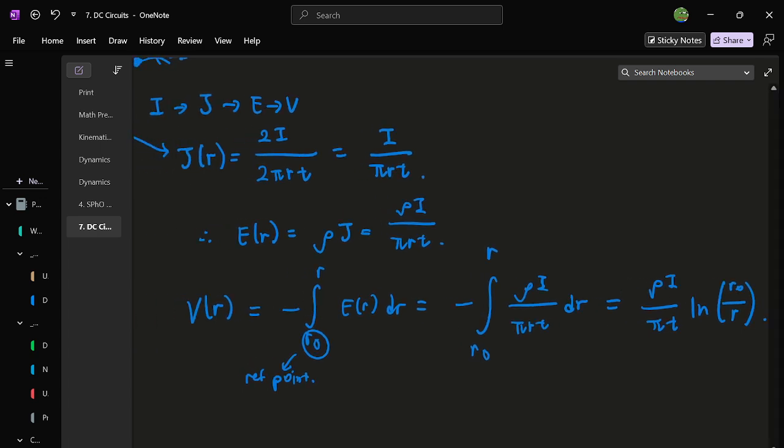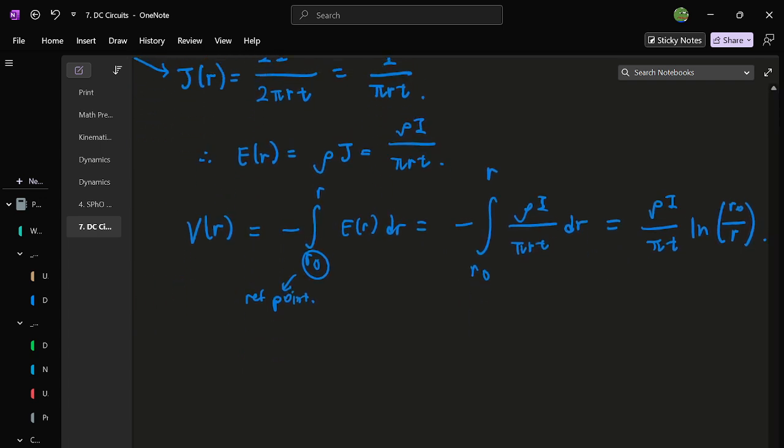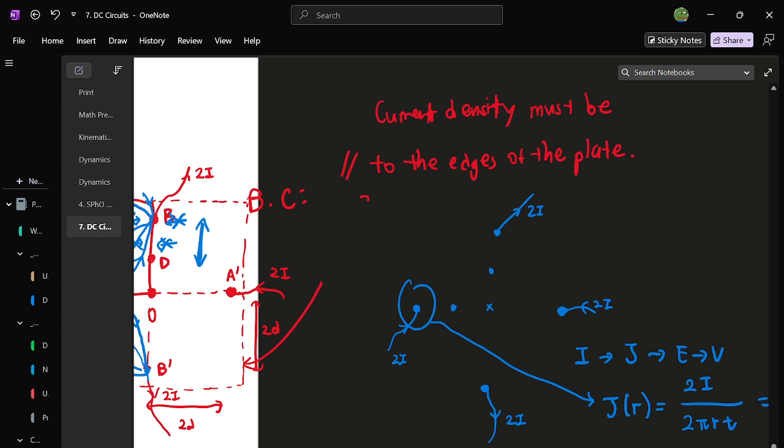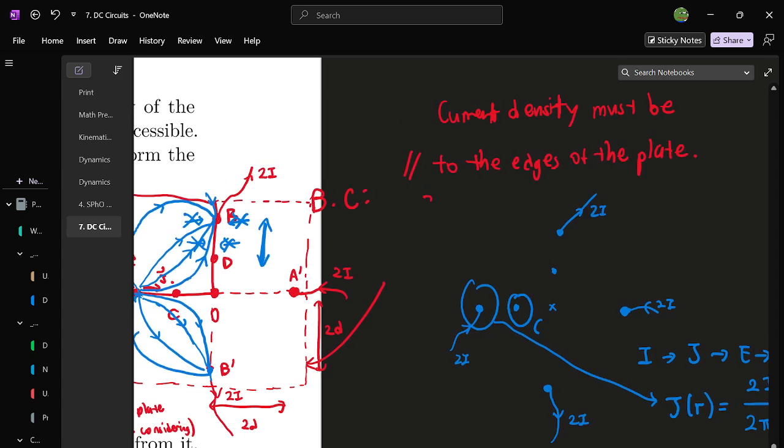At this point, it doesn't depend on what your R0 is, because you can find the potential at point C due to the contribution of 1, the contribution of 2, the contribution of 3, and the contribution of 4.